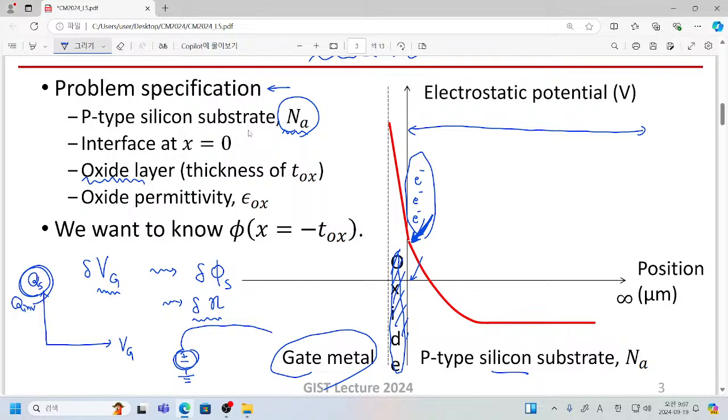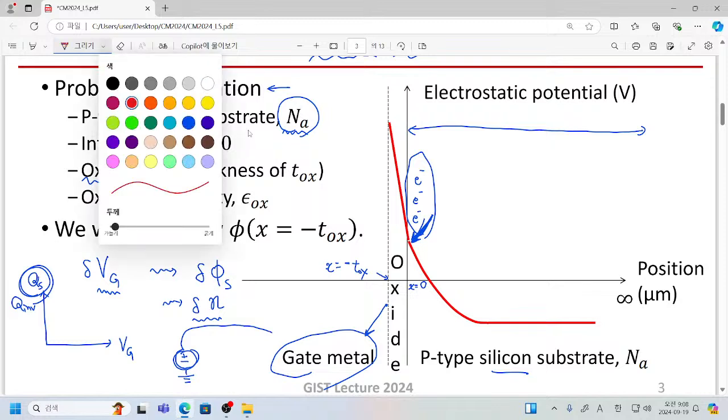In our coordinate system, since the interface is denoted x equal to 0, here we have x equal to minus T ox to represent the starting point of our oxide layer. Of course, here we have the metal gate, and we can directly control the voltage applied to it.